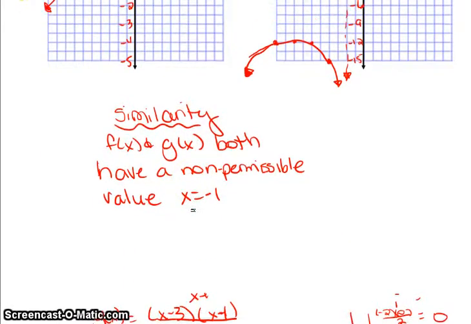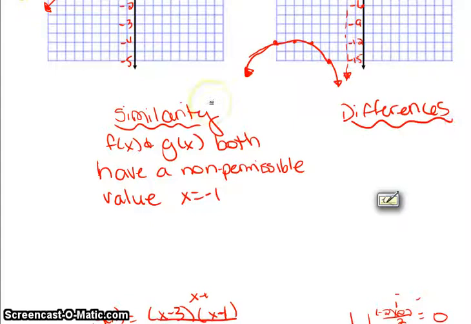But then this is where we could be getting into our differences a little bit, okay? So our differences. And if there are any other similarities you guys want to point out, go for it, but I don't want to go into huge detail, let's just talk about the generalized similarities and differences.